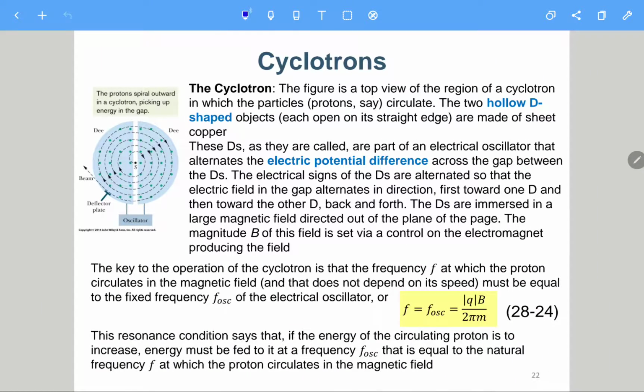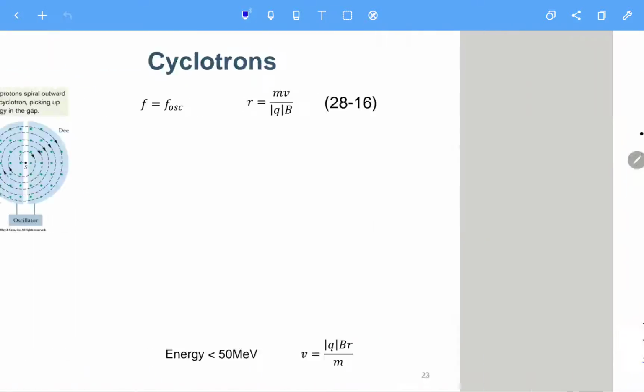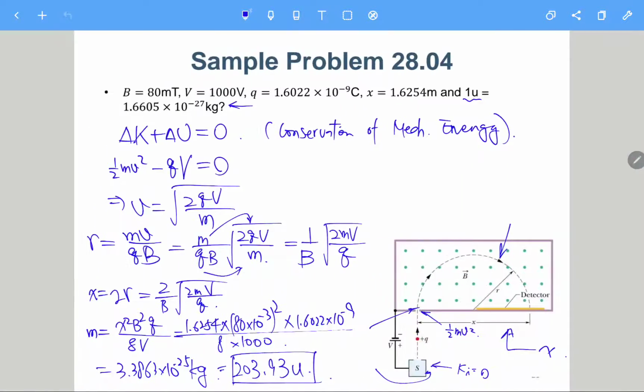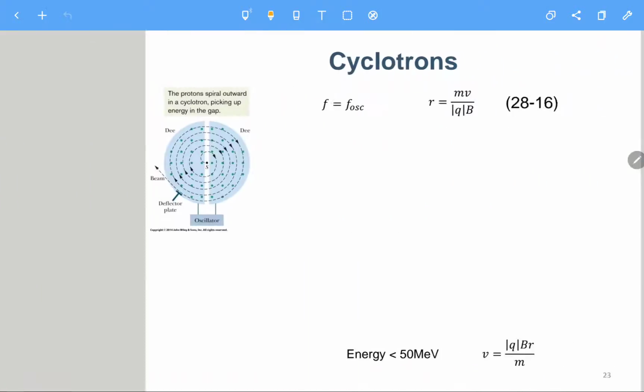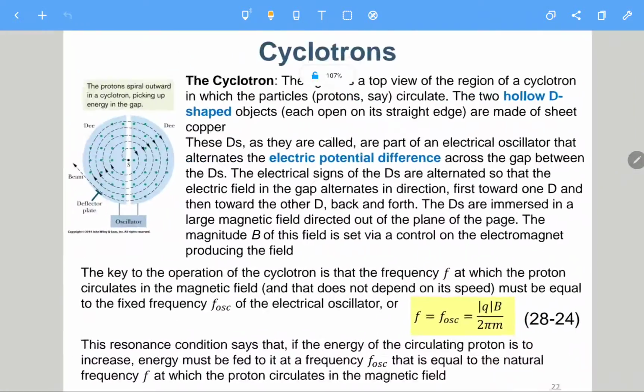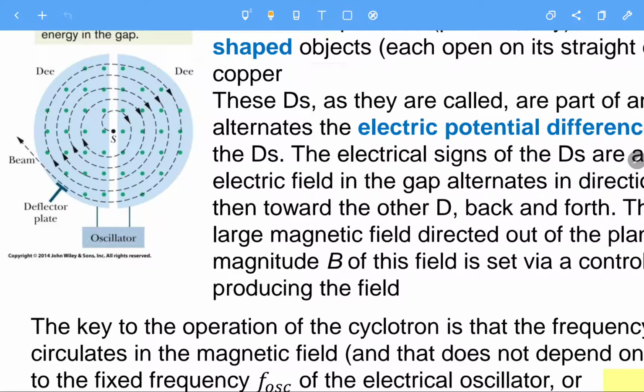So next we talk about the cyclotron and also the synchrotron, which are two types of particle accelerator. We can see the cyclotron here.